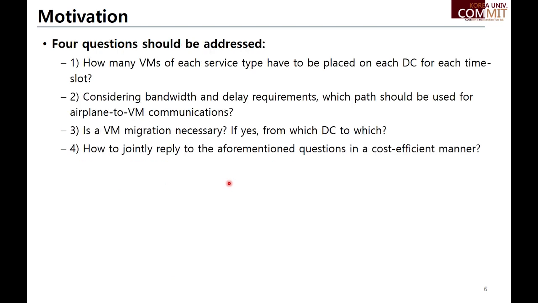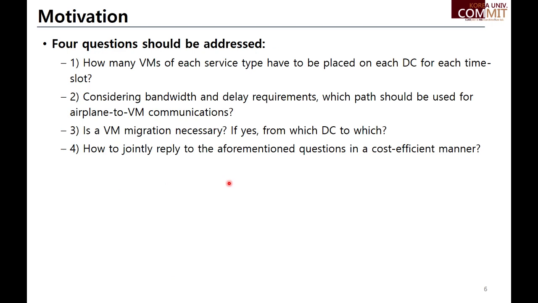There are 4 questions that should be addressed. First is, how many virtual machines of each service type have to be placed on each data center for each time slot? Second is, considering bandwidth and delay requirements, which paths should be used for airplane to virtual machine communications?